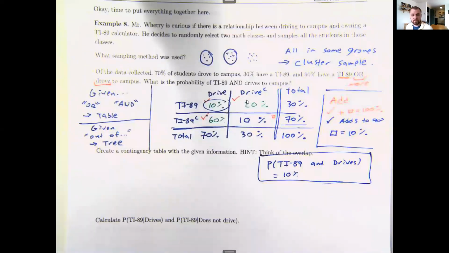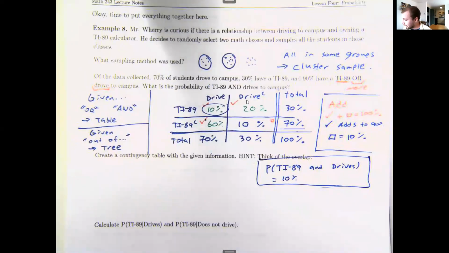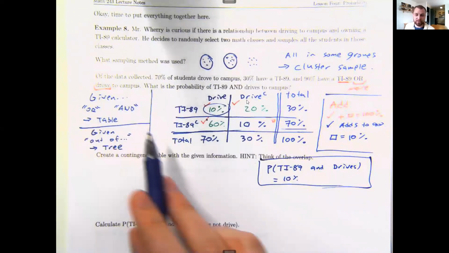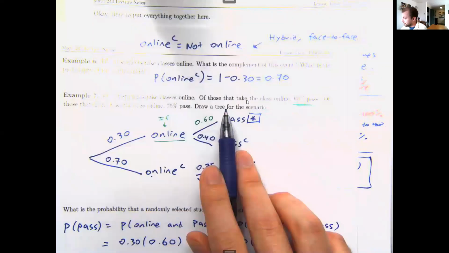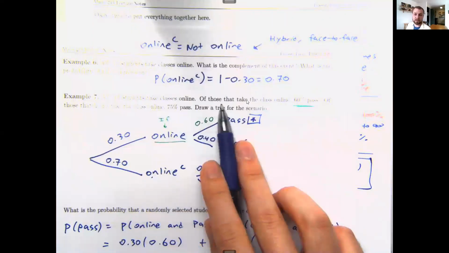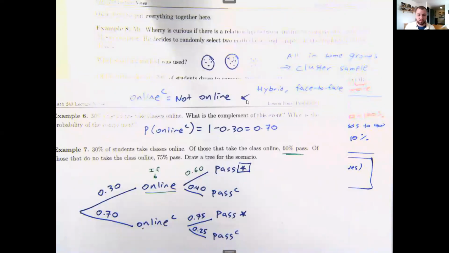So if I have information provided to me as "or" or "and," that's a table situation. If I have information provided as "out of" or "given," out of those that take classes online, those are my tree situations.